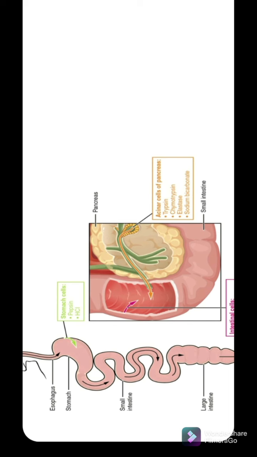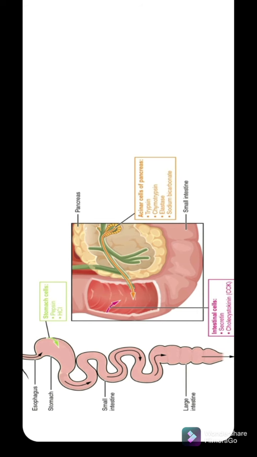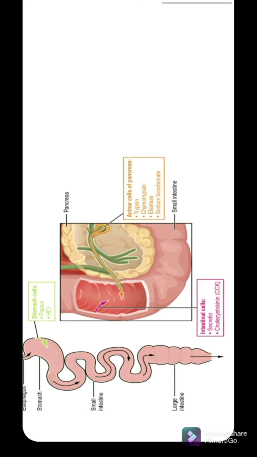The pancreas also releases some enzymes like trypsinogen and chymotrypsinogen. And there is an enzyme in the wall of the small intestine known as enterokinase, which activates trypsin, which in turn activates chymotrypsinogen. These enzymes liberate the amino acids, and then these amino acids are transported across the intestinal wall into the cell.